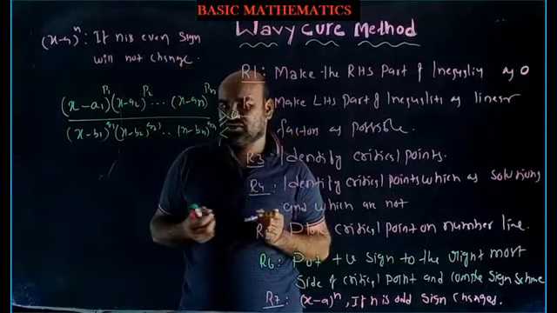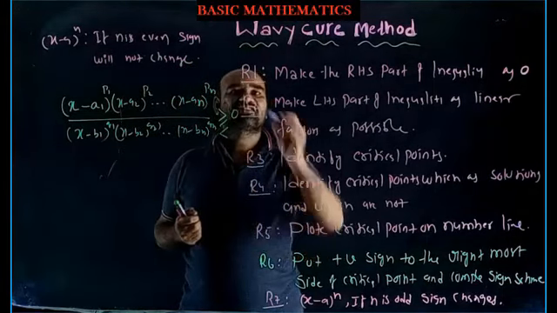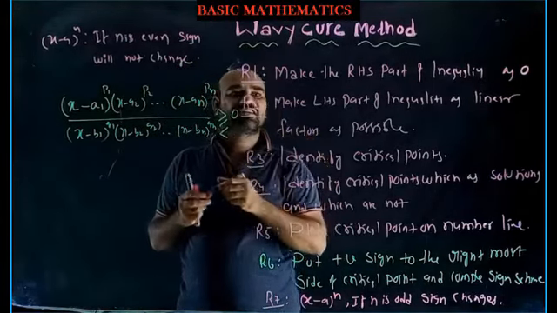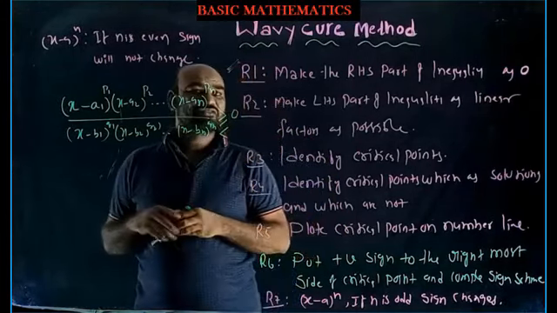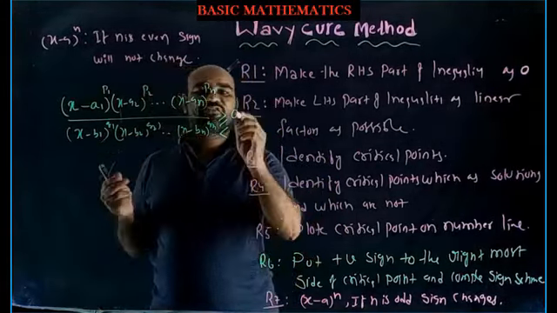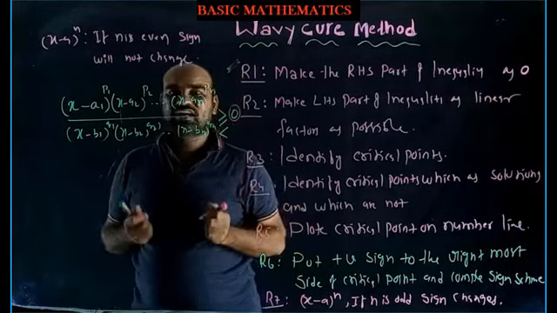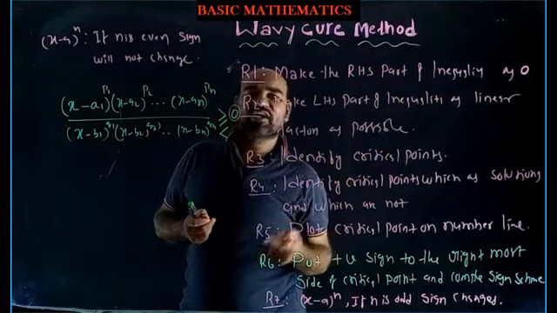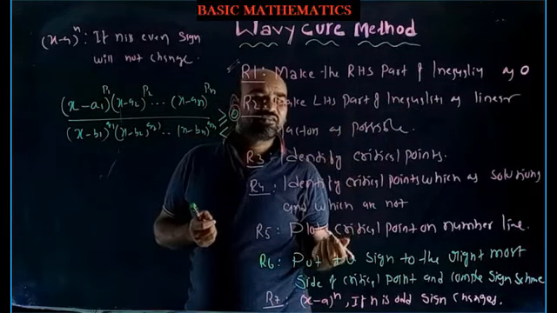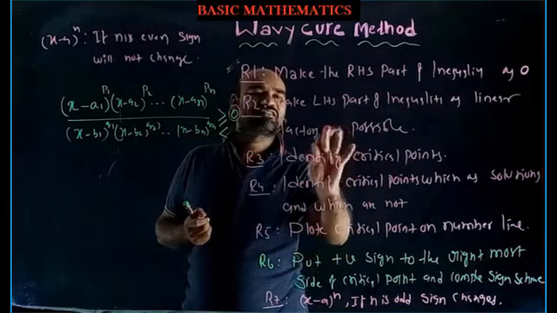What does the wavy curve method say? First, make the RHS part of the inequality 0. Directly here, the RHS part of the inequality is 0 in the standard form. Make the LHS part of the inequality into linear factors if possible.